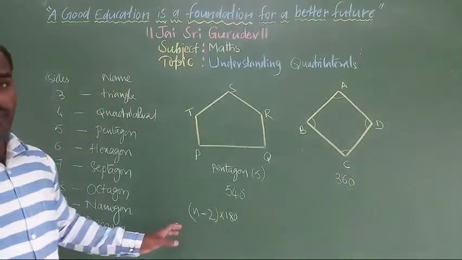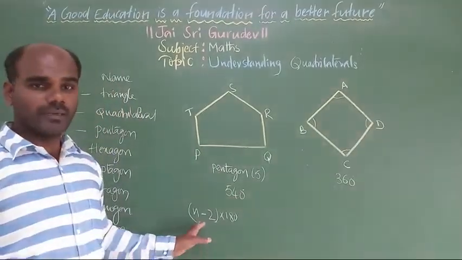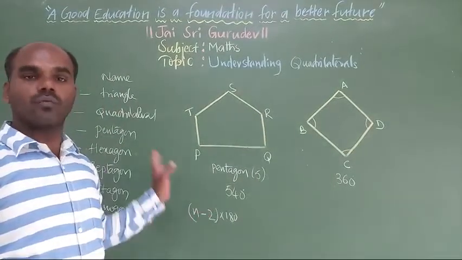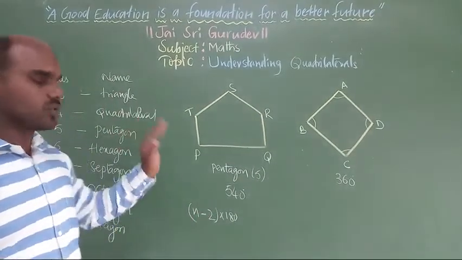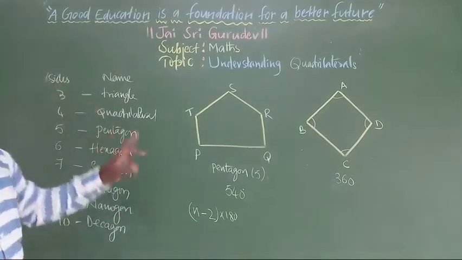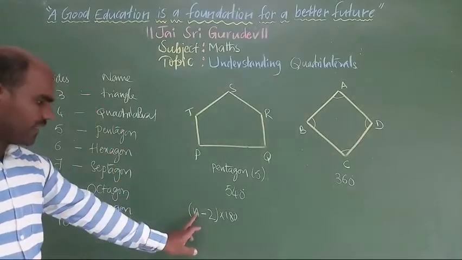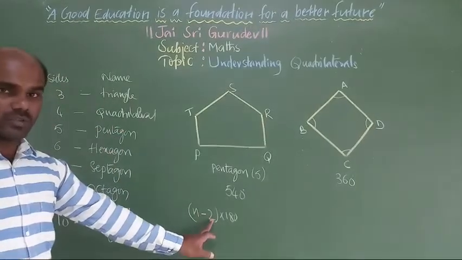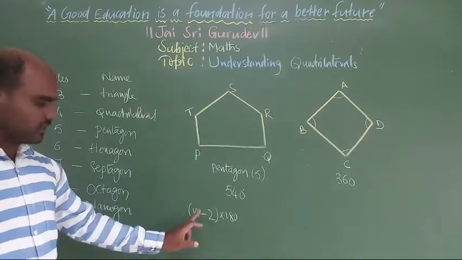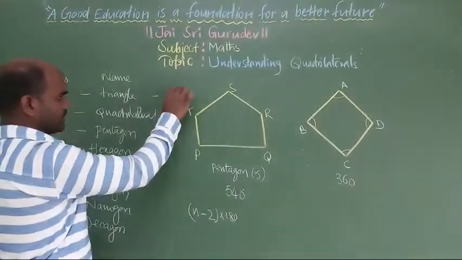This is the formula to find the sum of the interior angles of any type of figure. For example, for a triangle, how many sides are there, children? 3 sides. Then 3 minus 2 is 1, and 1 into 180 is 180 degrees.